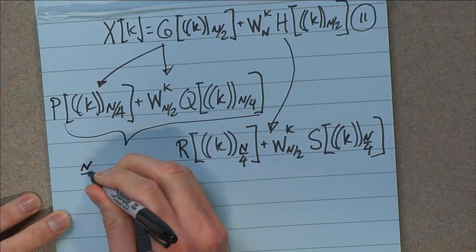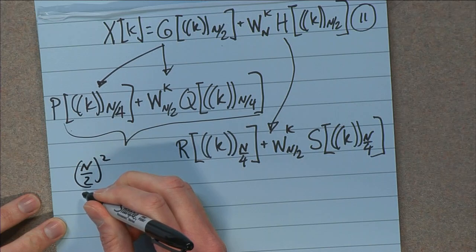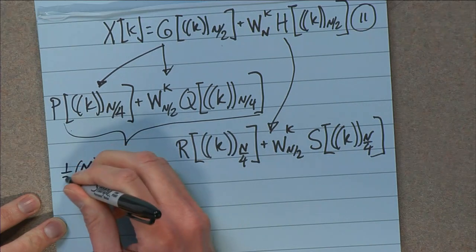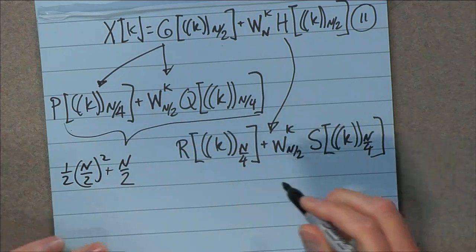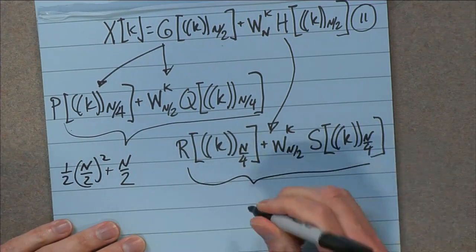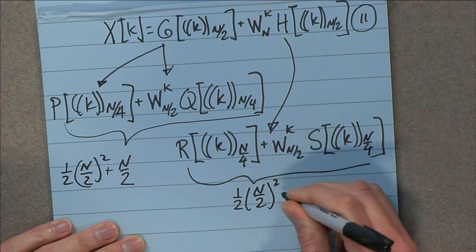N over 2 squared over 2 again, which is a half, and then that whole thing is plus n over 2. And we strike again with the same thing here.